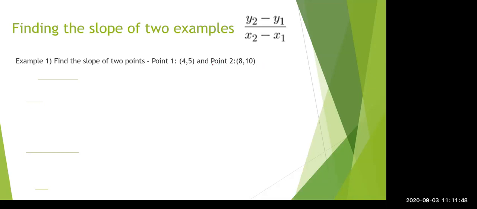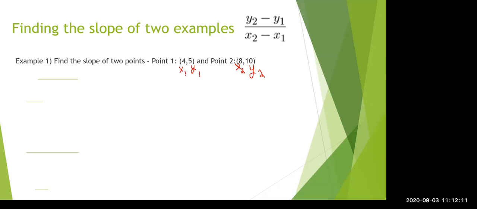Since this is the second point, y2 would be 10, and x2 would be 8. And since 4, 5 is the first point, y1 will be 5, and x1 will be 4.